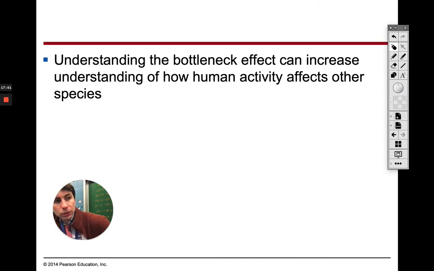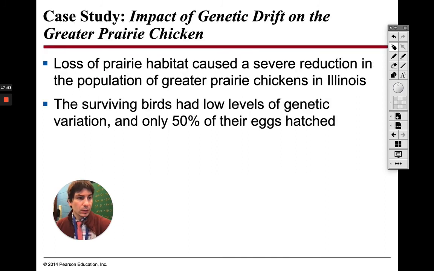Okay. So one more example of genetic drift, guys. We have a prairie habitat. We're going to talk about some birds in that prairie habitat. Now, they looked at the prairie chickens in different parts of the United States. They looked at them in Illinois and Kansas and Nebraska.